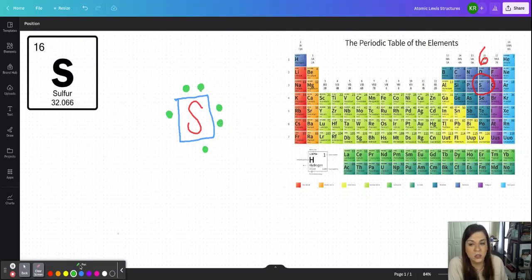And I can assure you that this is actually the best way to draw a sulfur Lewis structure, is to put the 2 pairs side by side and then the 2 singles side by side. This is because oxygen will have the same layout for its Lewis structure. It will have oxygen like this, and then you'll have 1, 2, 3, 4, 5, and 6.